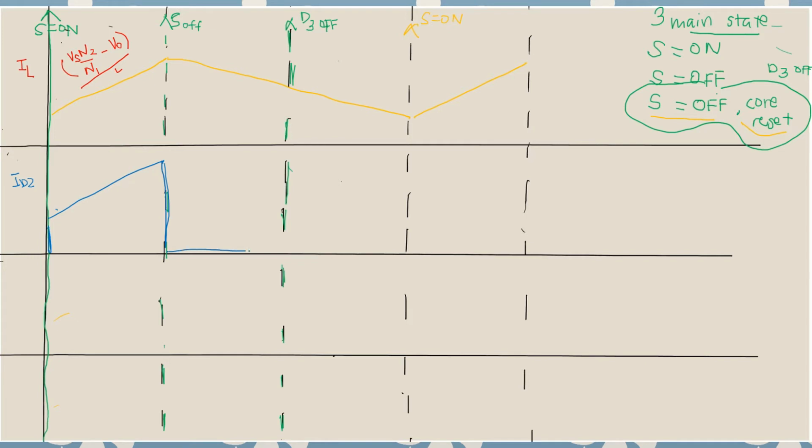So it continues to be 0. When the D3 is off, it also continues to be 0.